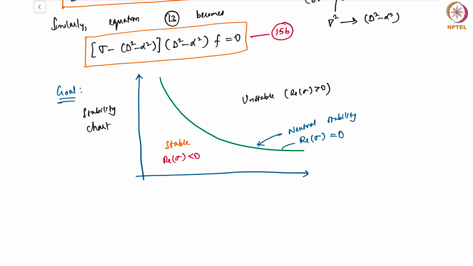It will tell us, if I know the value of x, which could be something like the wave number, that is, if I know a wave of a certain wavelength, then what is the critical value of the control parameter shown on the y-axis, beyond which we will get an unstable solution. That's the kind of question we'll be able to answer if we know a stability chart like this.